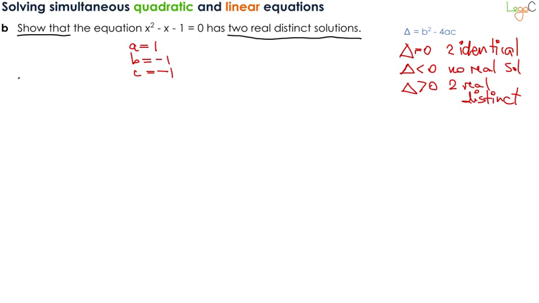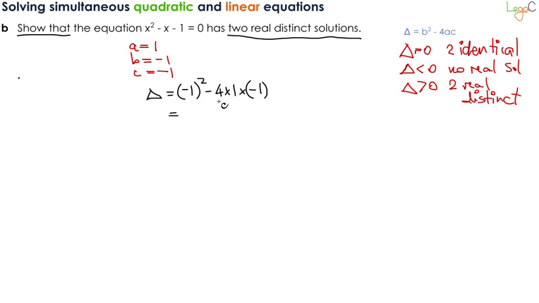If we calculate delta, we have b squared, which is negative 1 squared, and negative 1 has to be in brackets because both the sign and the value are squared. Take away 4 times a, which is 1, times c, which is negative 1.